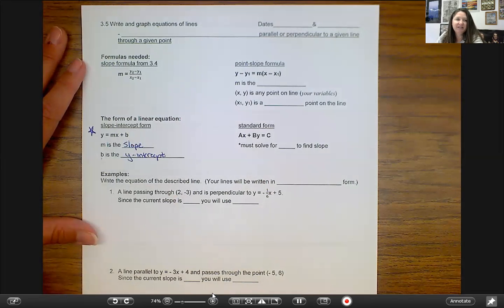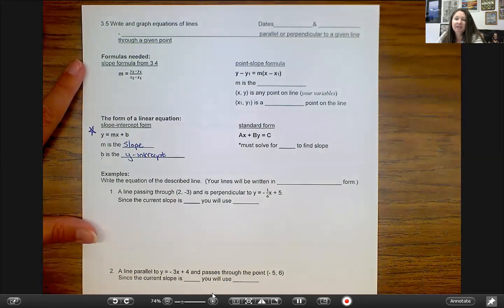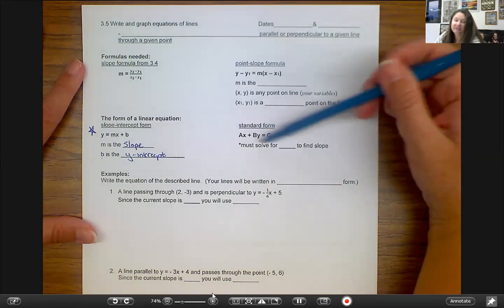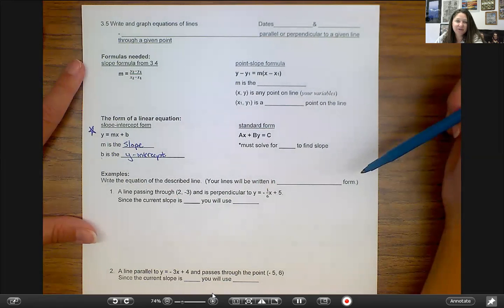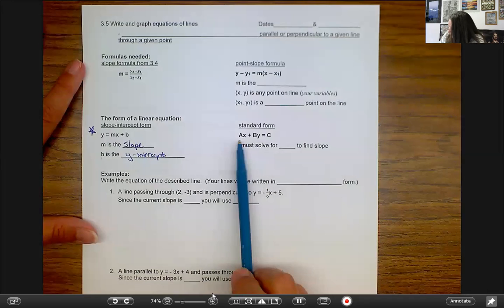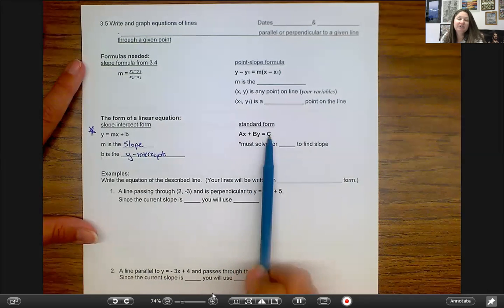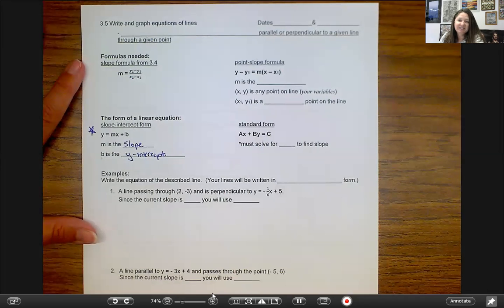Now, sometimes at the start of your problem, or at the end, you may need to put the form of the equation into standard form. If you're in standard form, you have it in the form of your x term plus your y term equal to a constant value. This is just another form of slope-intercept.